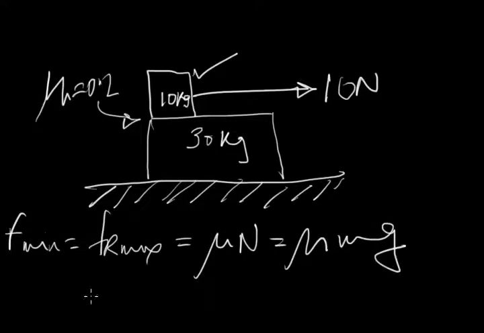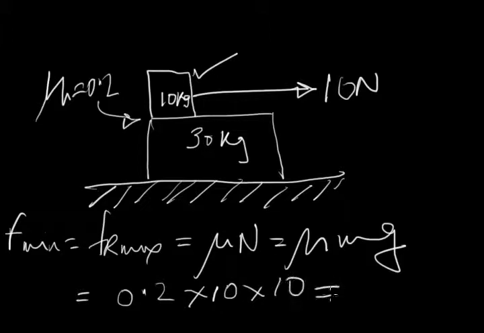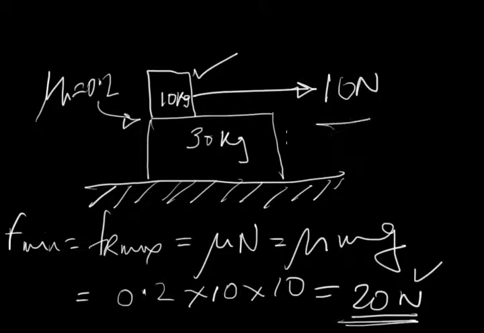If I substitute the values, I have 0.2 into 10 into 10. That brings us to 20 Newton. So the force required to move the body is 20. When you are applying 10, the body is not moving, so all these two bodies together will start moving under the action of 10 Newton.